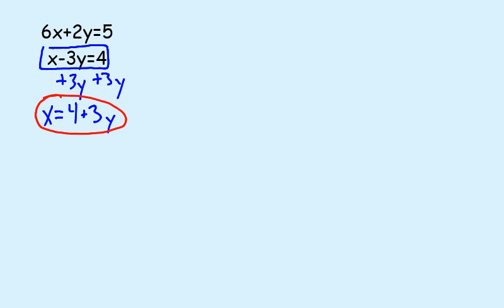And we're going to take that and substitute it into the top equation, replacing the x in the top equation with the right side of the formula we just made.